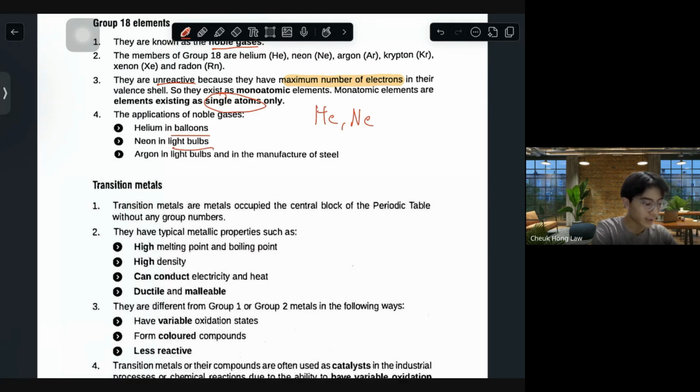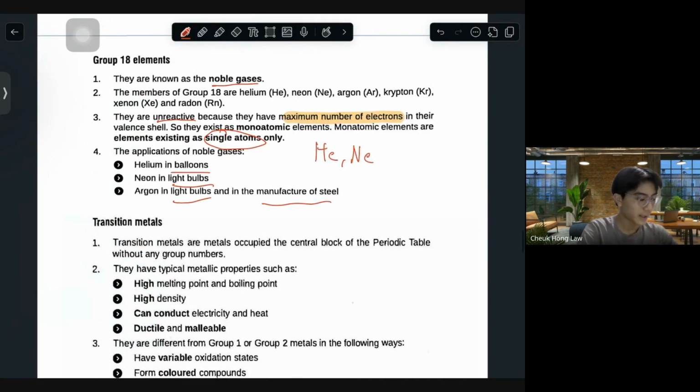Neon and argon are used in light bulbs, and argon in the manufacture of steel. That is basically it for group 18 elements. You just have to know they are called noble gases and they are unreactive and monoatomic, because they have the maximum number of electrons in their valence shell.